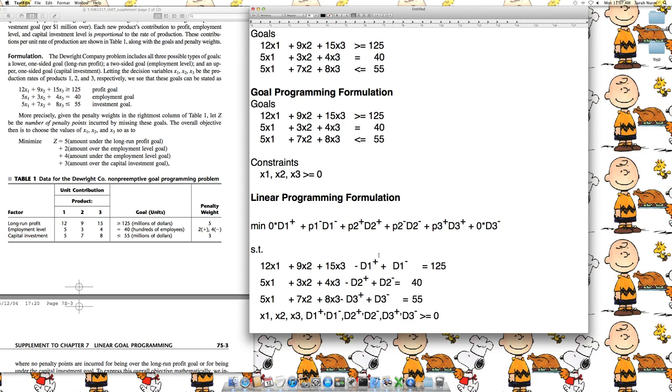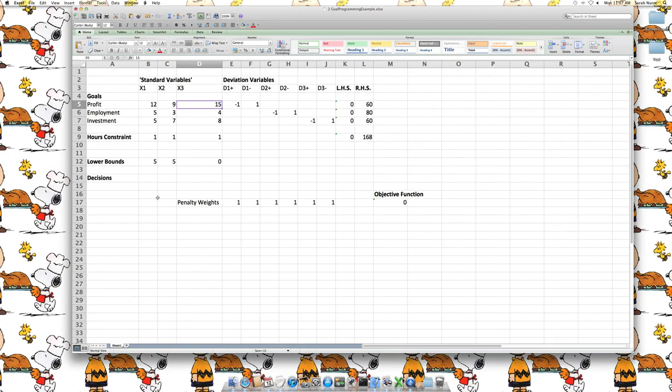So kind of opposite, for all 3 of my constraints here, the goals constraints. So here I have minus the plus term and a positive 1 times the minus term. So these I can keep all the same because I see it's minus then plus, minus then plus. And I have 3 goals, and so therefore I don't need to add in a D4 plus and D4 minus. So this all matches.